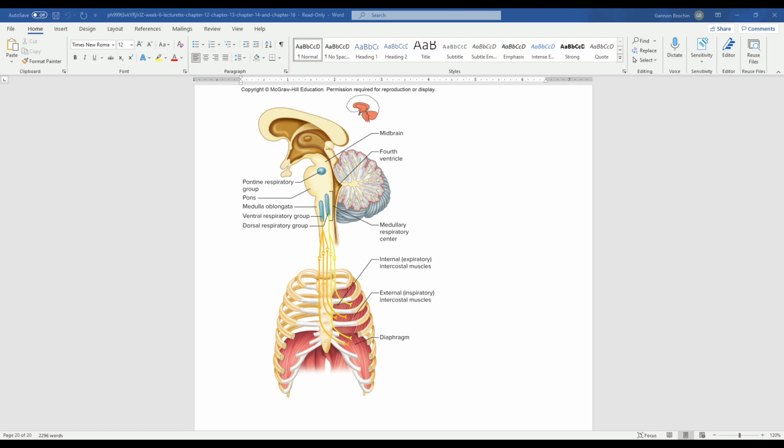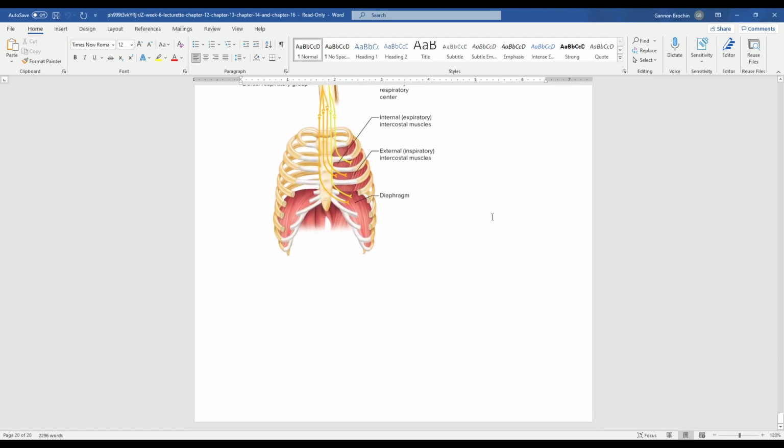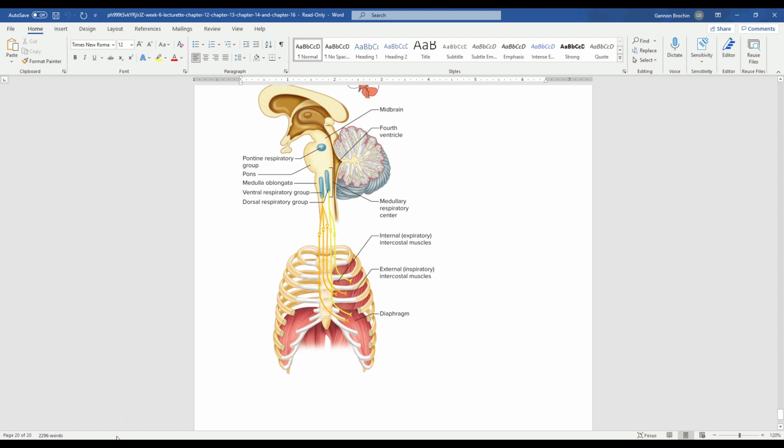So when we talk about respiration, though, it's important to note that in the medical setting, we will measure various different volumes. They're going to be important for determining lung function. So a big thing to remember is tidal volume, which is the volume of air moved in or out of the lungs. There's the inspiratory reserve volume, which is the maximum volume of air that can be inhaled during resting inspiration.